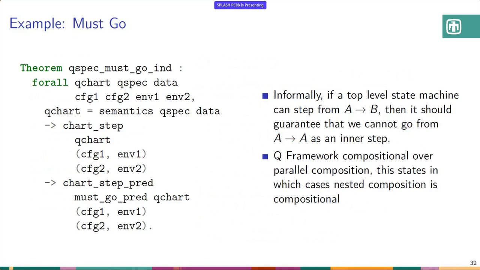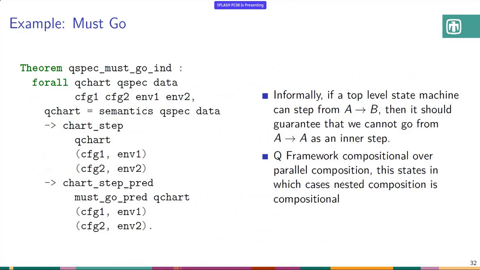So informally, we have the notion of in which case this is sound, which is to say, if we have a top-level state machine which steps from maybe some state A into B, then we must require that the inner state machine also steps from A to B. It can't do some twiddly stuff while it's waiting.